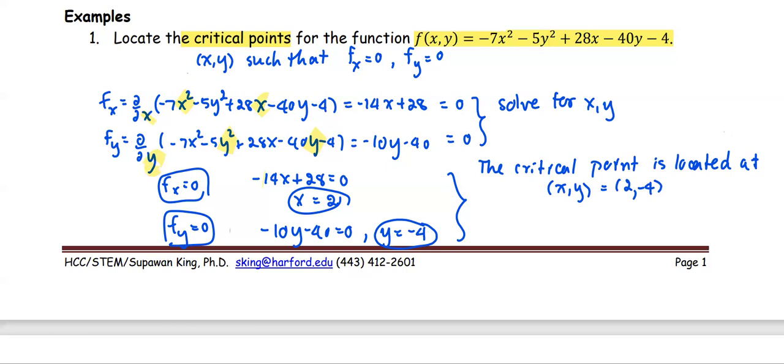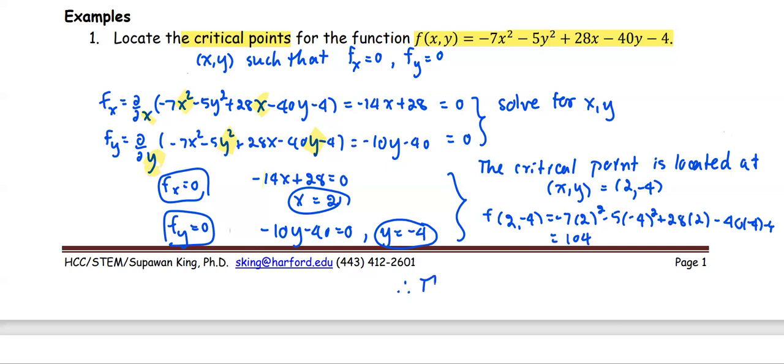If the problem asks for the critical point for this function, that includes the function value, so the function at (2, negative 4) equals negative 7 times 2 squared minus 5 times negative 4 squared plus 28 times positive 2 minus 40 times negative 4 minus 4. It turns out to be 104.